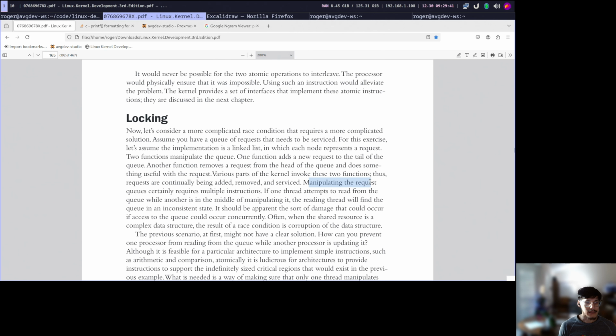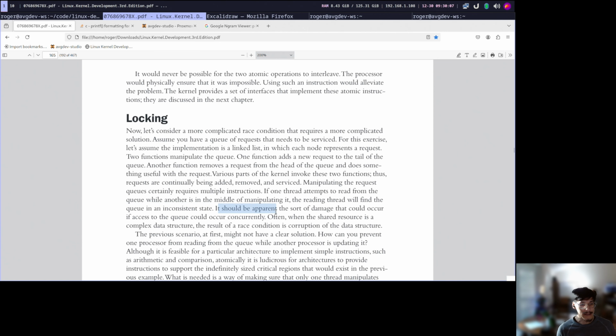Manipulating the request queue certainly requires multiple instructions. If one thread attempts to read from the queue while another is in the middle of manipulating it, the reading thread will find that the queue is in an inconsistent state because another thread is modifying the queue at the same time. It could not even have a source of truth here.